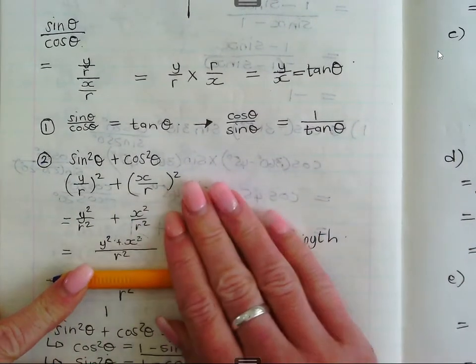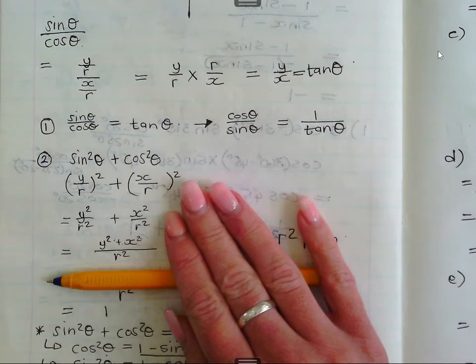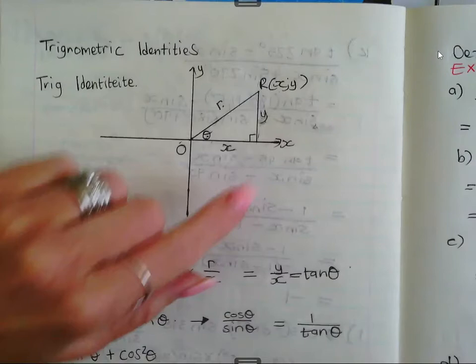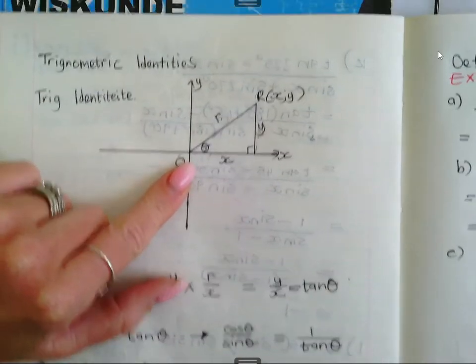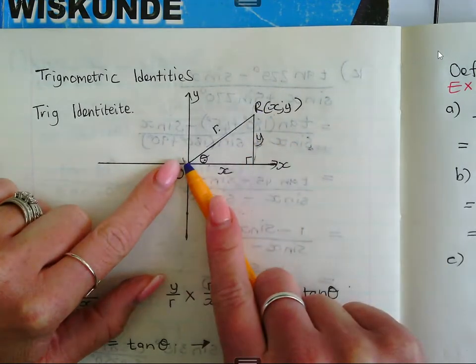Now I can't add y squared and x squared. But when you learn Pythagoras, you learn that the square of the right angled side plus the square of the right angled side will be the length of the hypotenuse squared. So this is a Pythagorean triangle. There's the right angled side, there's the right angled side, there's the hypotenuse.